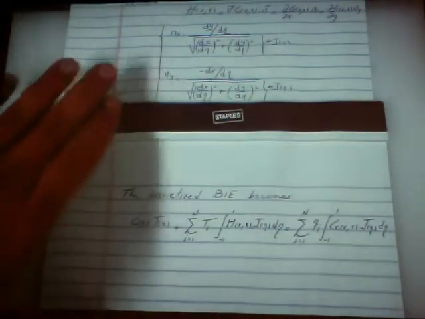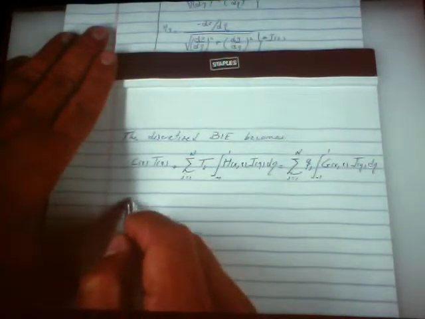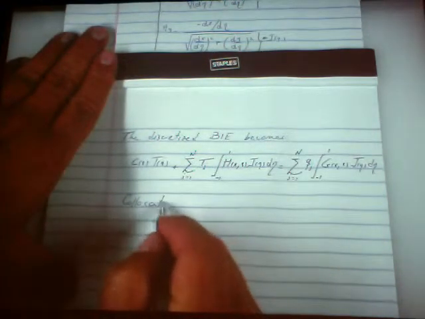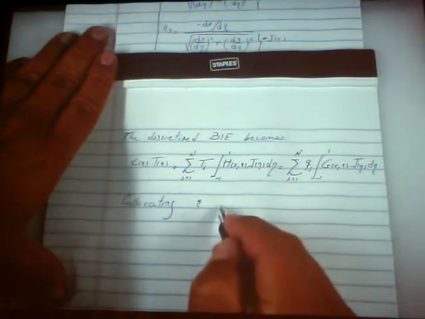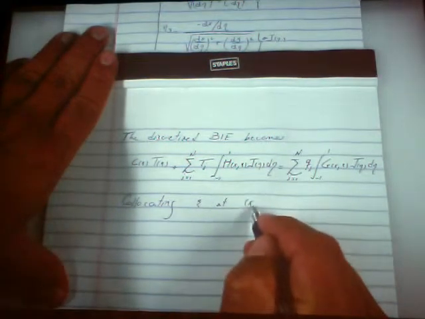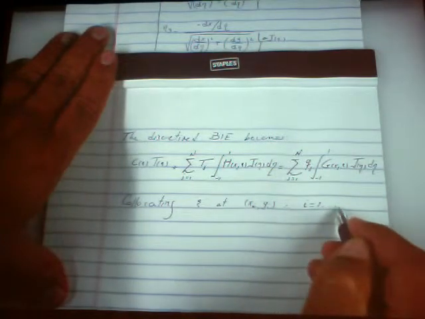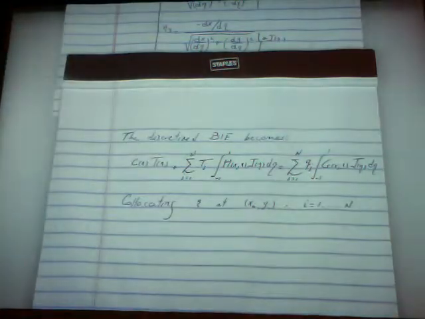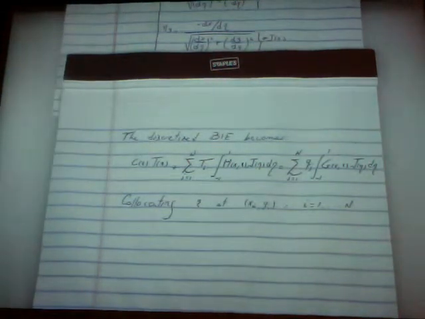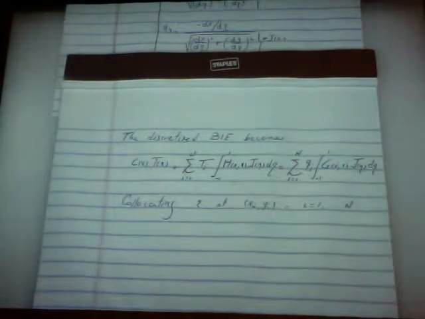And those are the influence coefficients. So we collocate psi at xi, yi, such that i goes from 1 to n. We collocate the source of the Dirac delta function at each of the boundary nodes, but only at the field value nodes. Okay.